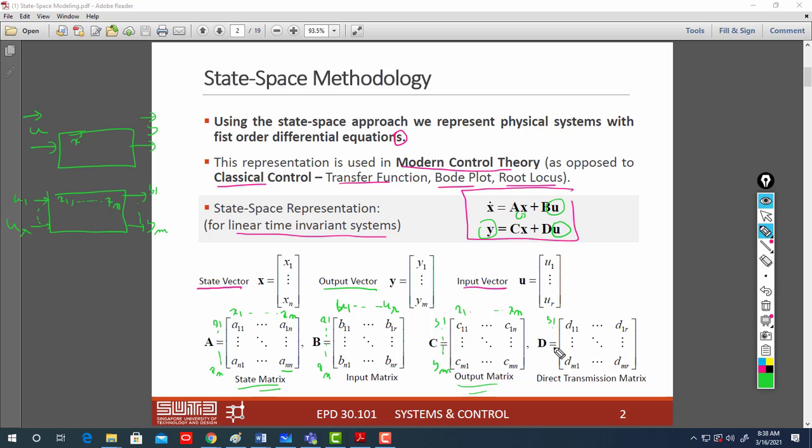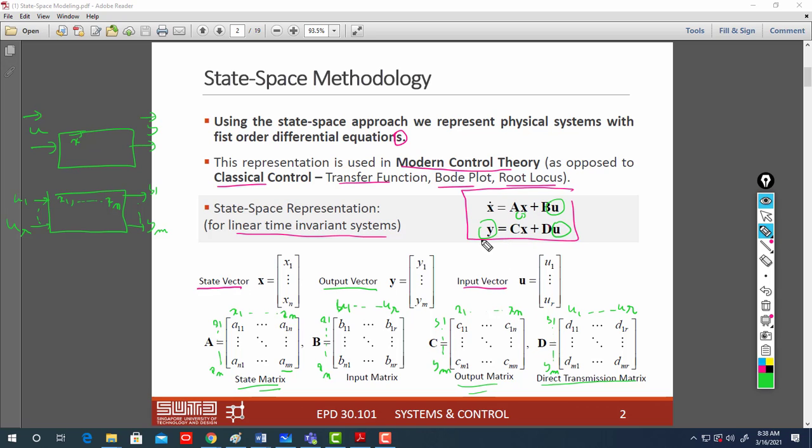So y1 up to ym and u1 up to ur, so it is an m by r matrix. And it's nice to know that we call it the direct transmission matrix. D is the direct transmission from the input to the output. It has a name, and it has a meaning actually.